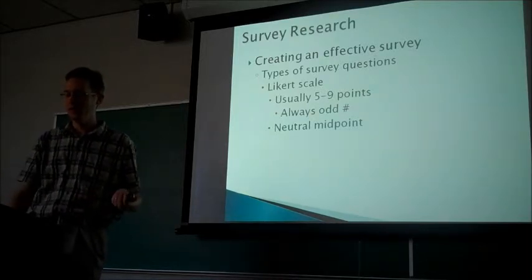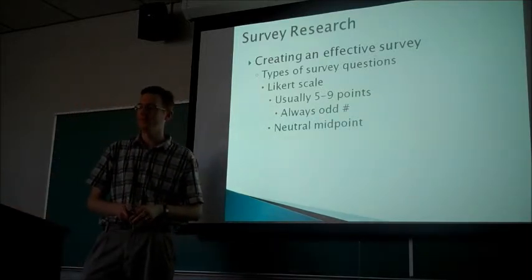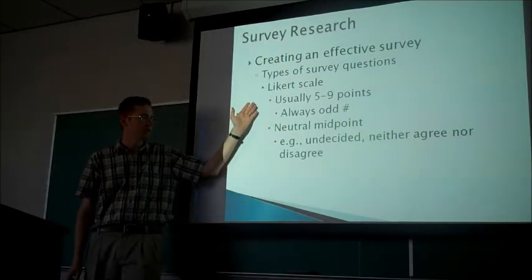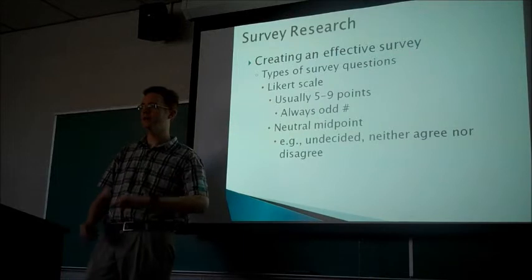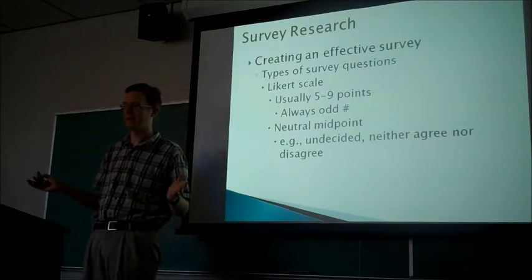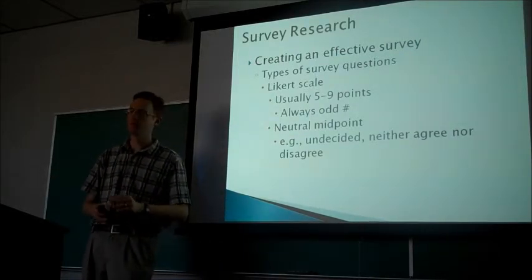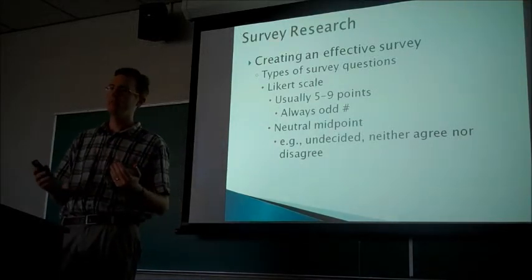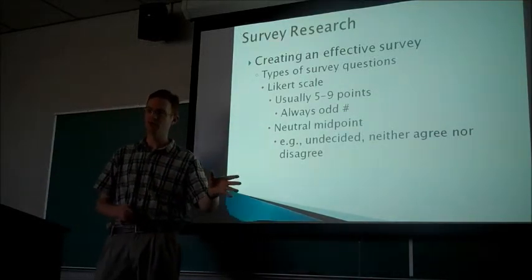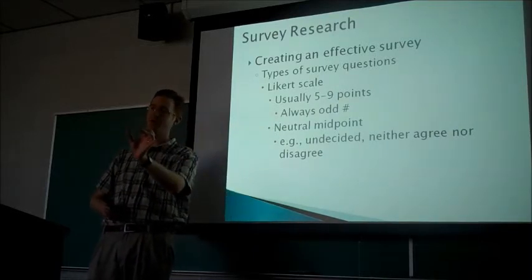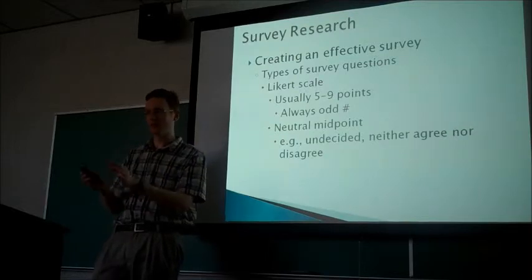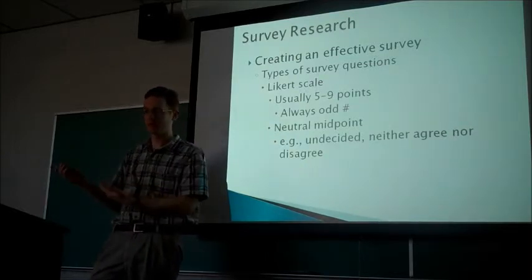If you have to take a stance on some topic, the midpoint would be that you were undecided on that particular topic. Or if you were agreeing or disagreeing with a statement, then the bottom of the scale might be strongly disagree, then slightly disagree, then the middle point would be neither agree nor disagree, and then going up to strongly agree.